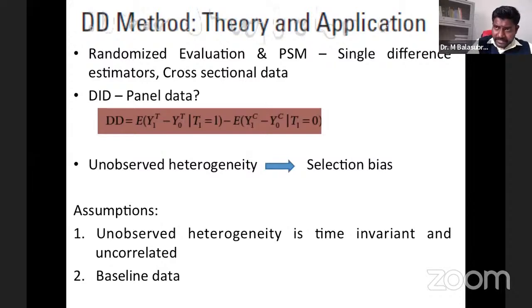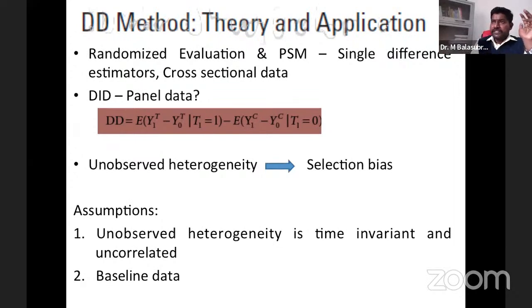The baseline data is nothing but the situational analysis survey, a kind of broad structure or broad view over the sampling region, or else the samples. We have a bird's-eye view about the samples, either households or farmers or wage earners or whatever target group we are having.